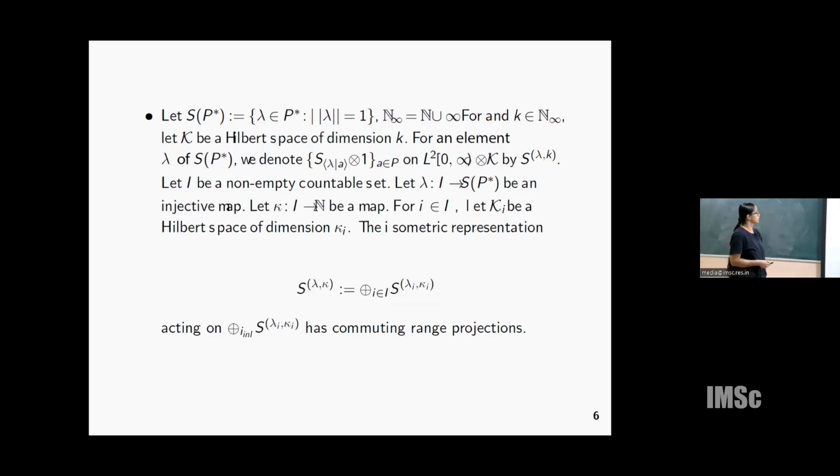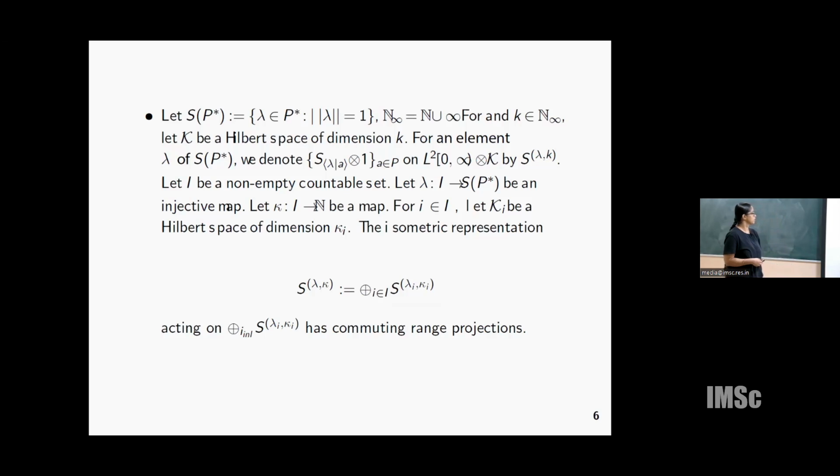So we look at those elements in P star which have norm 1, and look at a k in N union infinity, and take a Hilbert space K of dimension k, and for a lambda in the unit sphere of P star, we look at S_lambda(a) tensor 1 on L2(0, infinity) tensor K, and we denote it by S_lambda^k. Take a countable, non-empty set I, and take an injective map lambda from I to the unit sphere of P star.